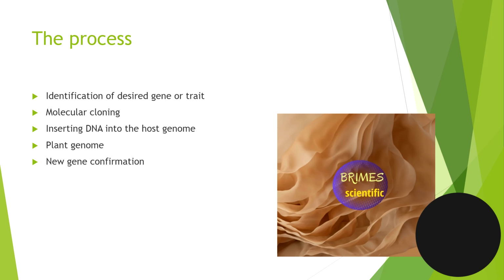So what is the process of recombinant DNA technology or genetic engineering? The first process is identification of the desired gene or trait. You have to first ask yourself, what do I want to clone?